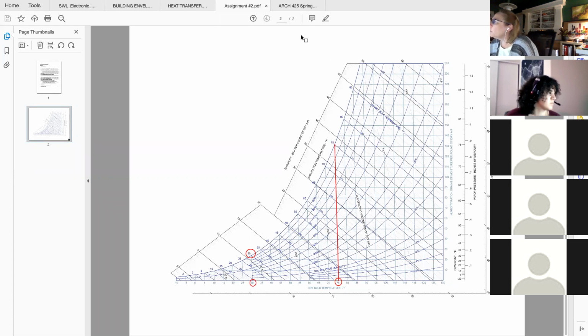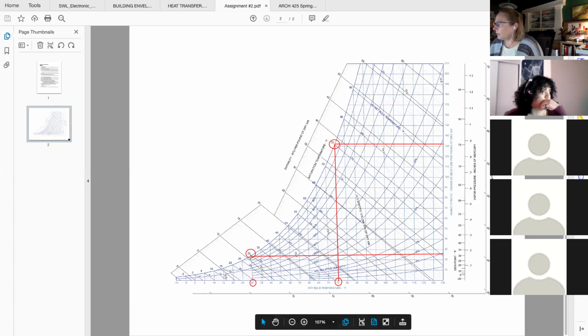The wet bulb temperature is 75. And the maximum amount of moisture is just barely over 130 grains per pound of air. So there's a big difference between 25 and 132.